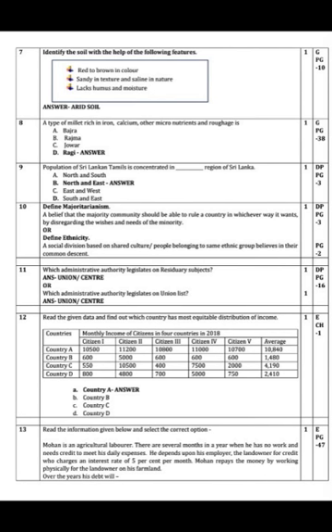Now question number 10. Again from the same chapter, political science chapter 1, power sharing. Here they have asked you to define majoritarianism or ethnicity. So there is an internal choice in the same question, from the same chapter. So you can attempt either. If you are attempting majoritarianism, what you have to write: a belief that the majority community should be able to rule a country in whichever way it wants, by disregarding the wishes and needs of the minority.